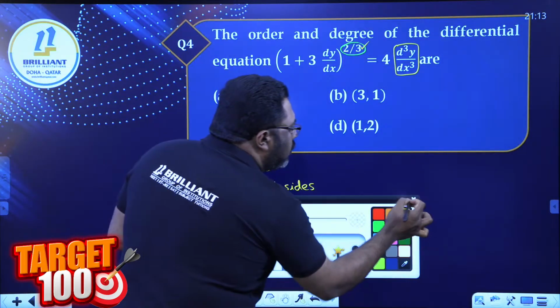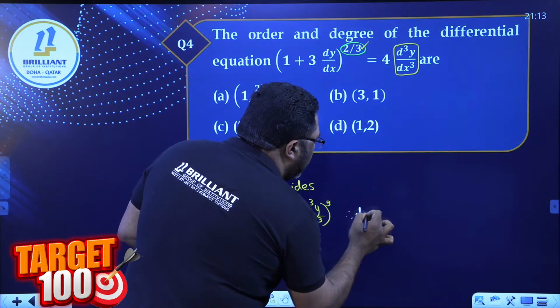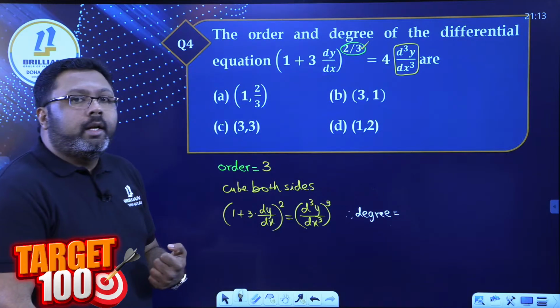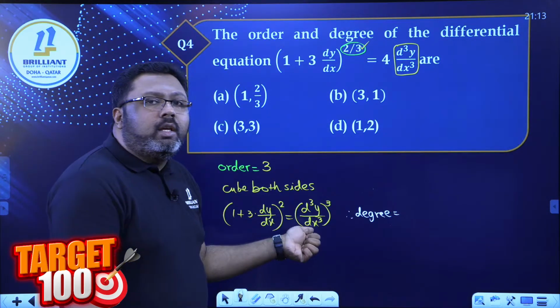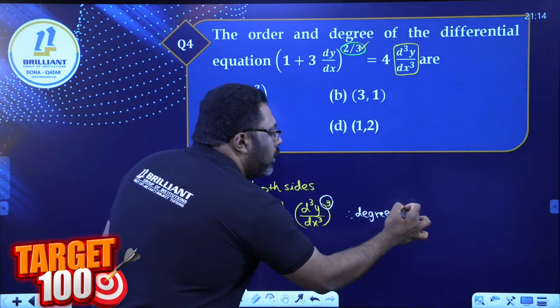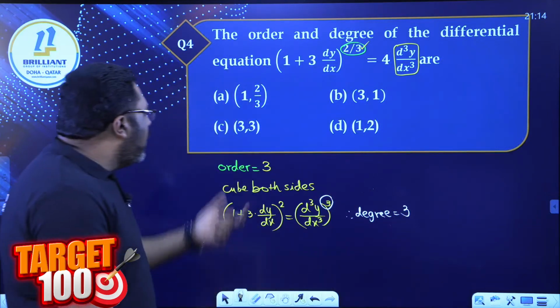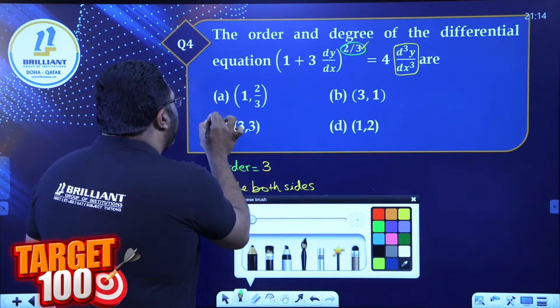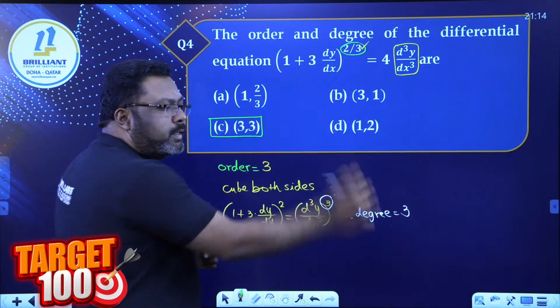Therefore, what's going to be my degree? The power of the highest order derivative. The power of d cube y by dx cube is 3. That's going to be degree 3. Order 3, degree 3. My answer is 3, 3, option C.